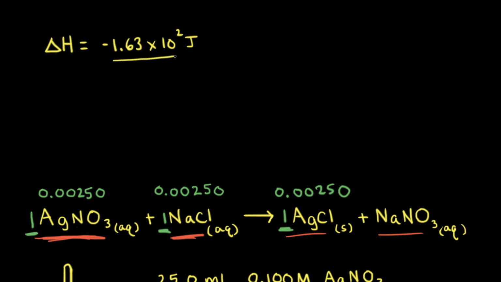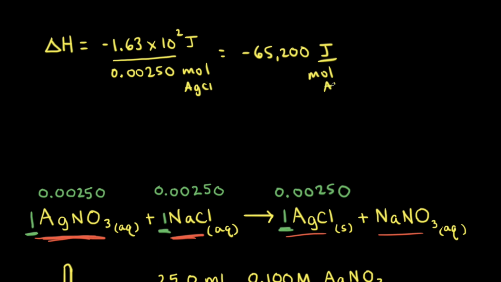And we're going to divide that by the moles of silver chloride, which was 0.00250 moles of silver chloride. This is equal to negative 65,200 joules per mole of silver chloride, and we could convert that into kilojoules. And so this is equal to negative 65.2 kilojoules per mole of silver chloride.